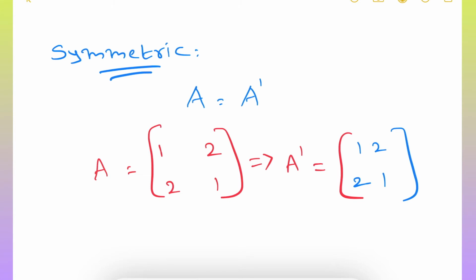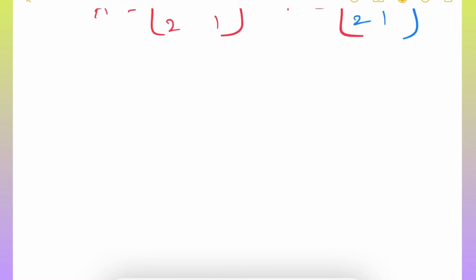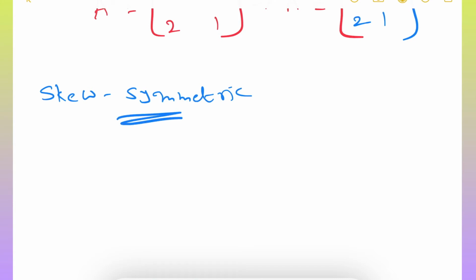The next type is skew symmetric. A skew symmetric matrix is one where the transpose of a matrix is equal to minus of the original matrix. That type of matrix is called a skew symmetric matrix.